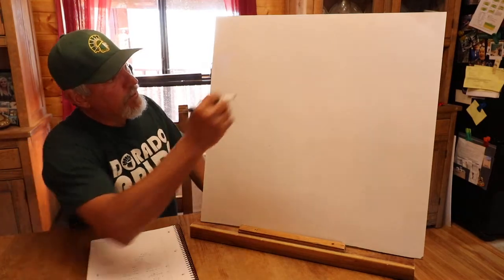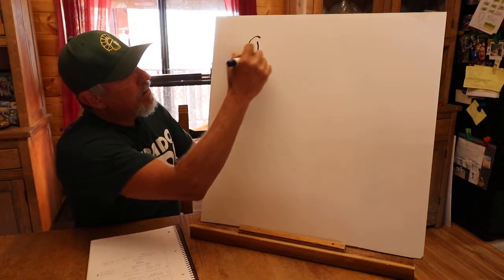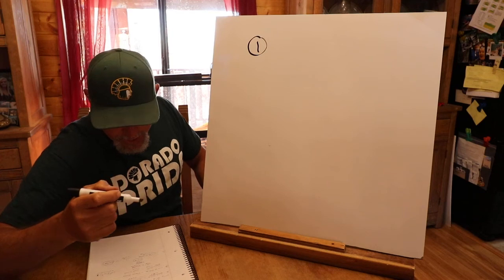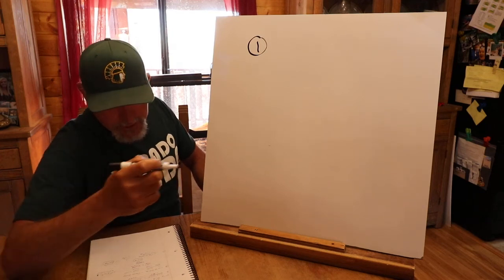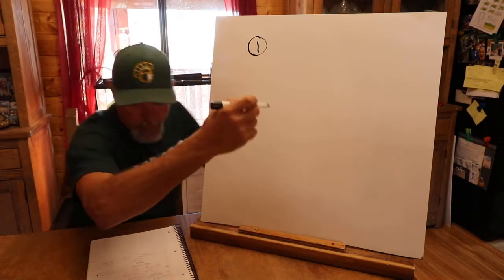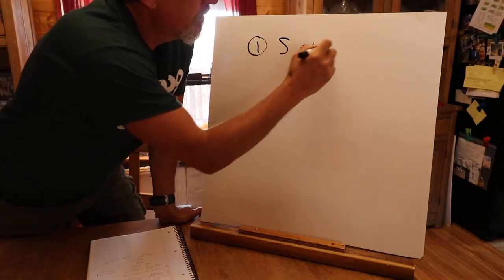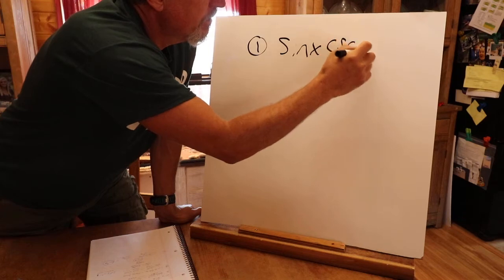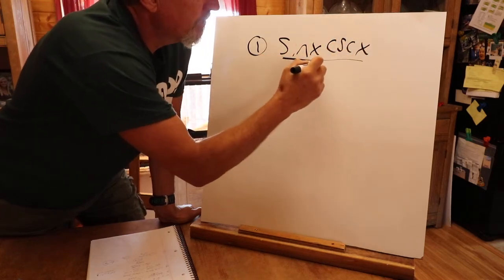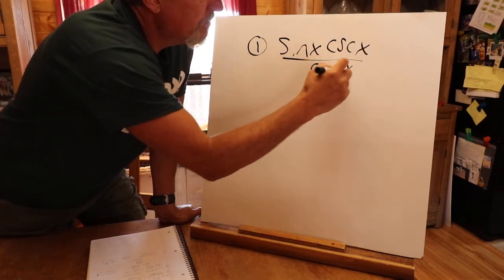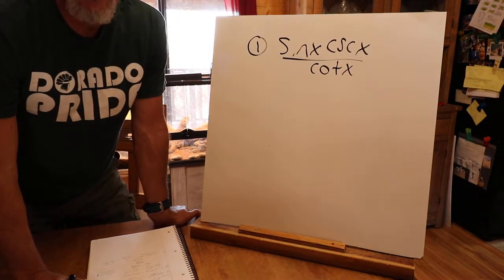So the first example, I'll put up here. You have sine x cosecant x over cotangent x. Now a lot of times you switch these to sines and cosines.